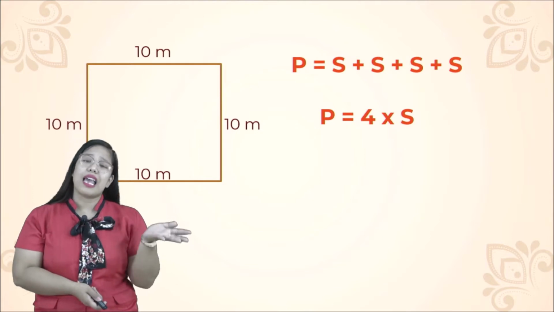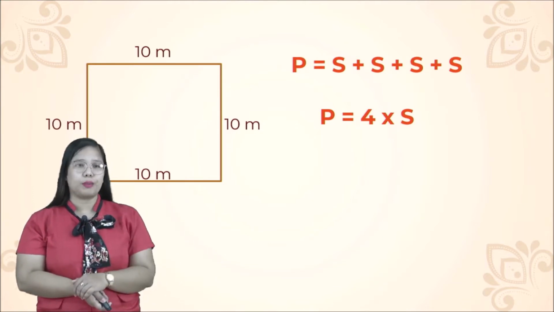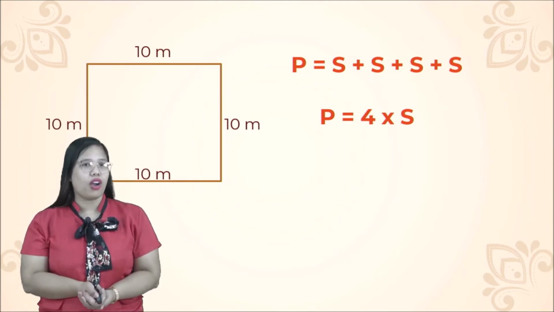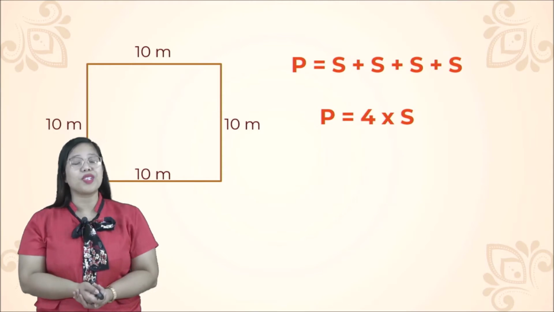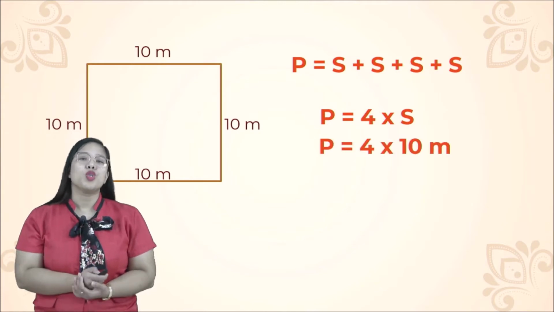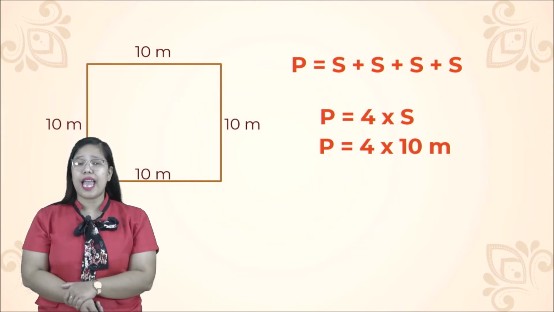Teacher, why 4? Because we have a 4-sided polygon, so we just multiply by 4. Now we substitute the value of S, which is the measurement of the side. So P equals 4 times 10. Why 10?